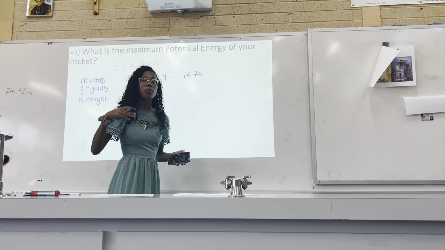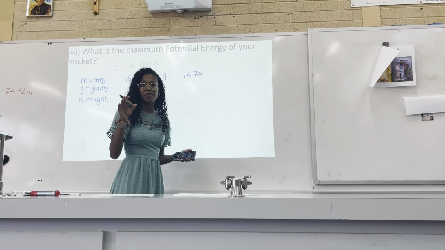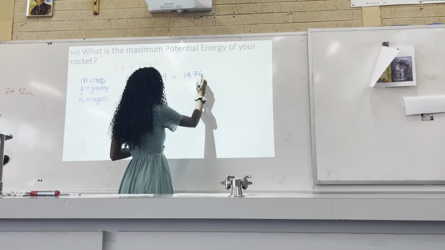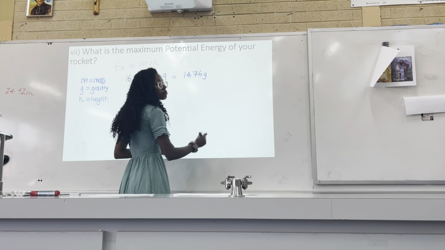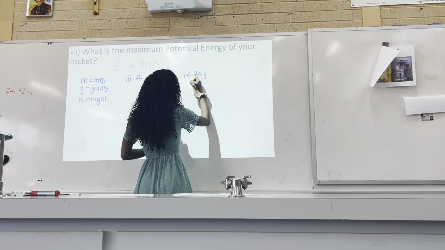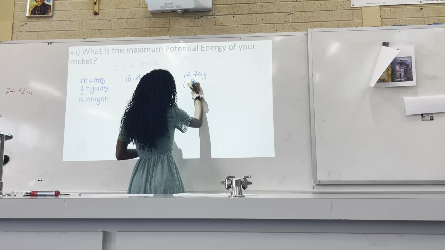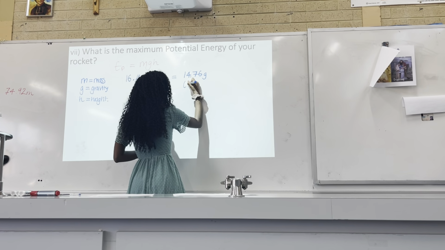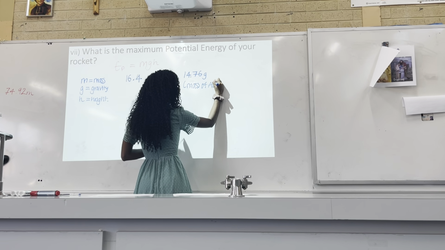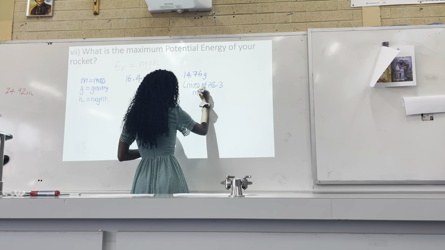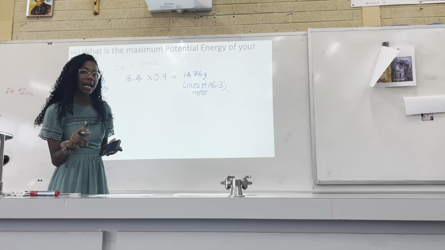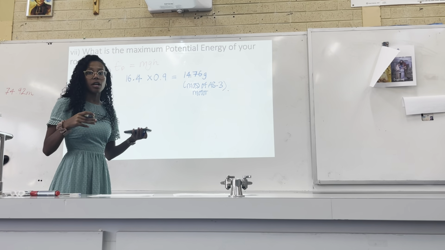So once all the propellant has been burned from the A83 motor, it weighs 14.76 grams, okay? That's how much just the motor weighs. So mass of the A83 motor. All right, but that's not our full mass. We actually have to include the mass of the rocket.